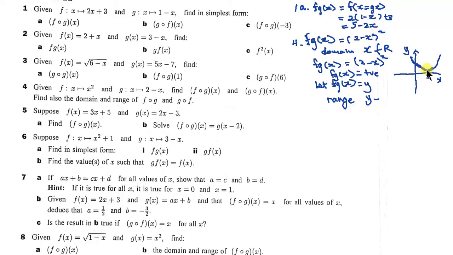But other than that, it's bigger than 0. Why? Because of the square here. So y equals 0 or bigger than 0.